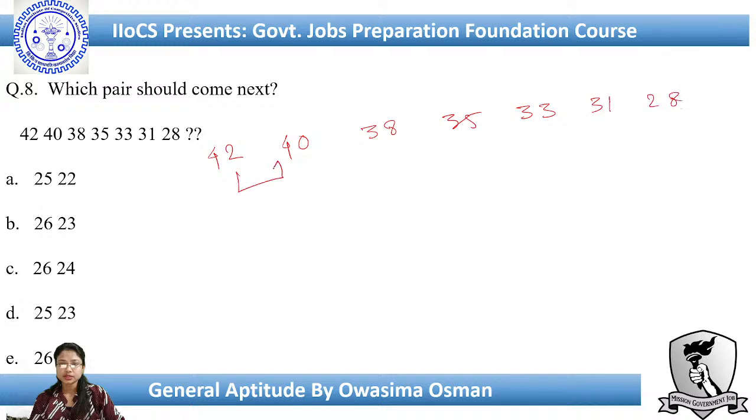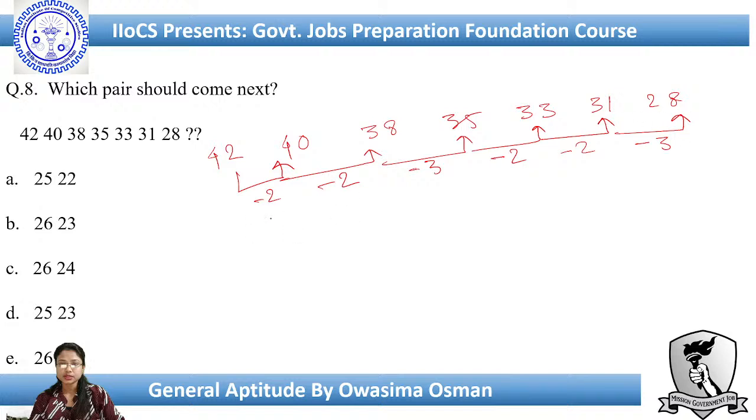Here we can see that 40 is less by 2 than 42, 38 is less by 2 than 40, 35 is less by 3 than 38, 33 is less by 2 than 35, 31 is less by 2 than 33, and 28 is less by 3 than 31.